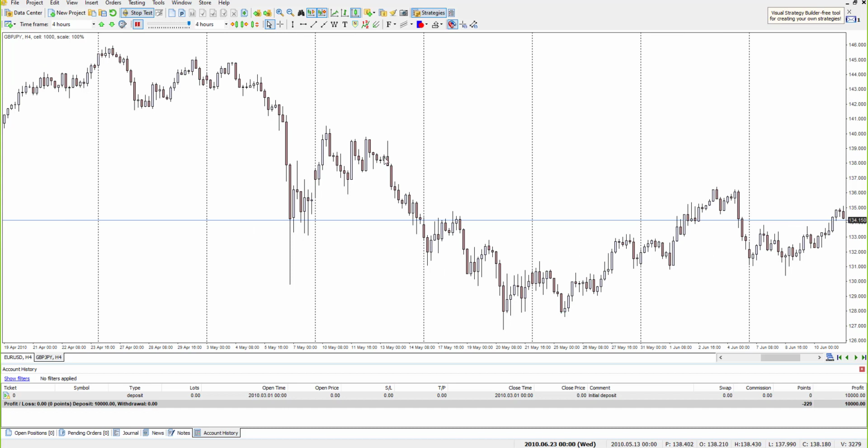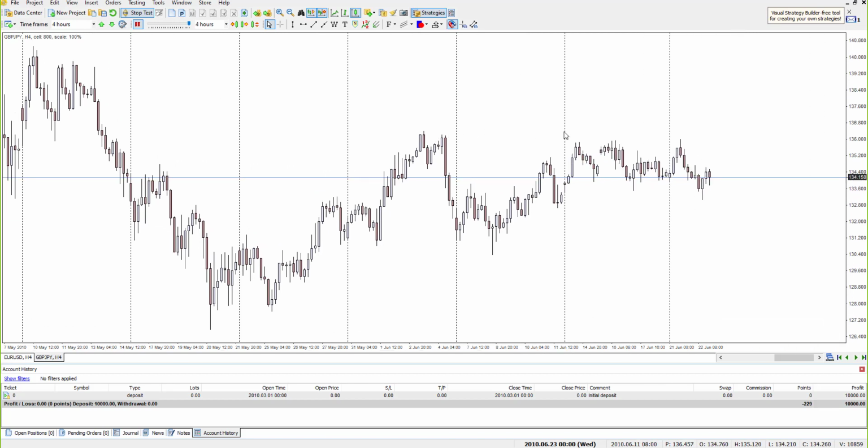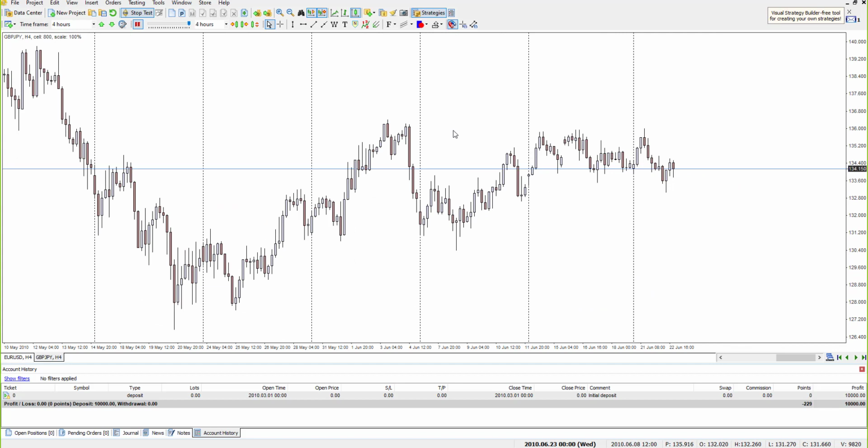Open and close are not in the previous candle's range, so that doesn't qualify. This one, there's your doji looking thing, and the market just goes up a bit and then continues and falls on down. Here's another pin bar, but it's got no space, so the market trucks higher.